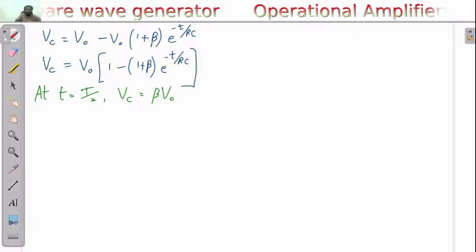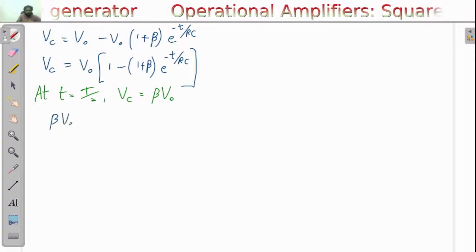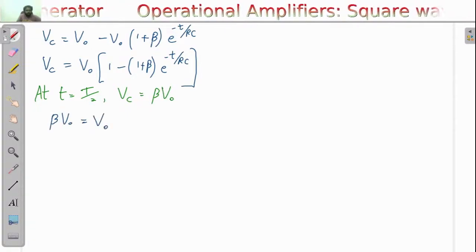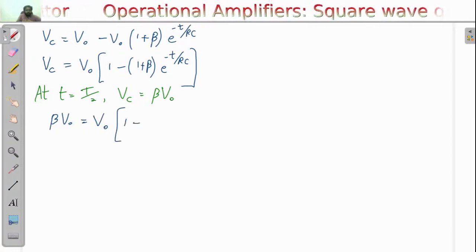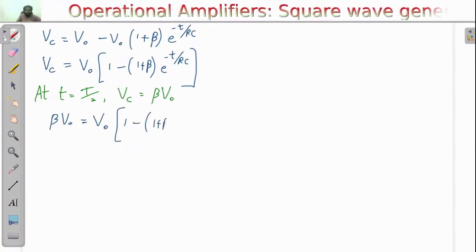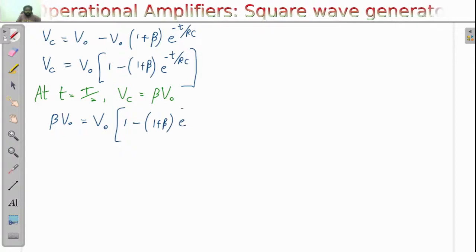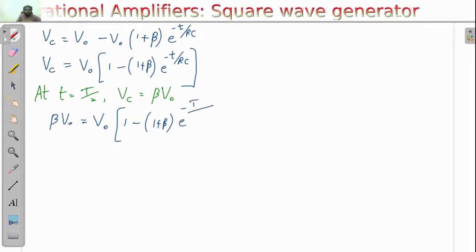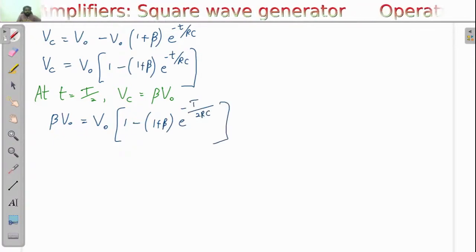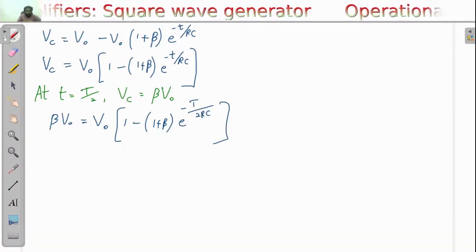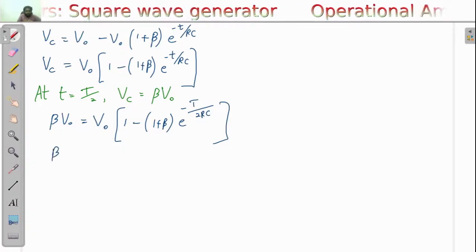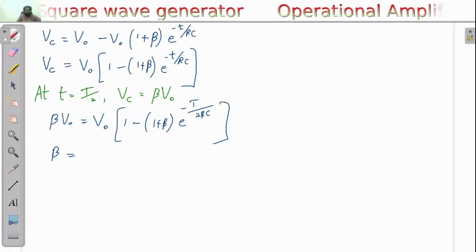So I will be writing beta times VO equal to VO times (1 minus (1 plus beta) e raised to minus T by 2RC), and we can cancel VO.